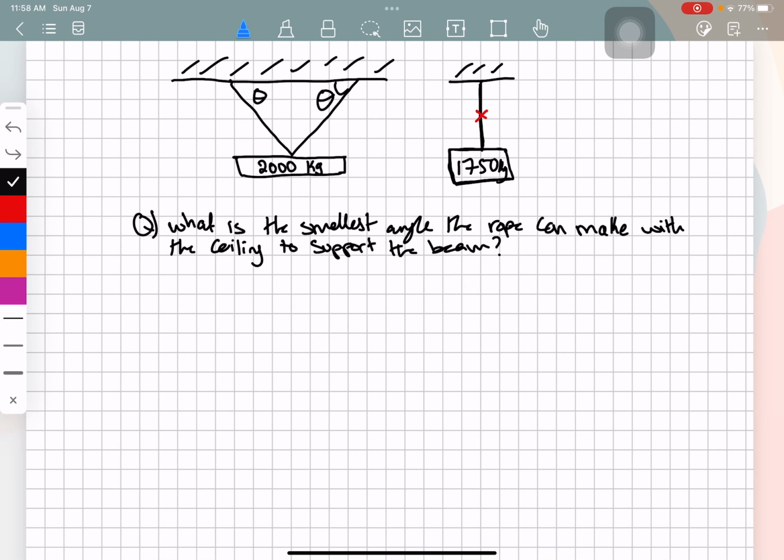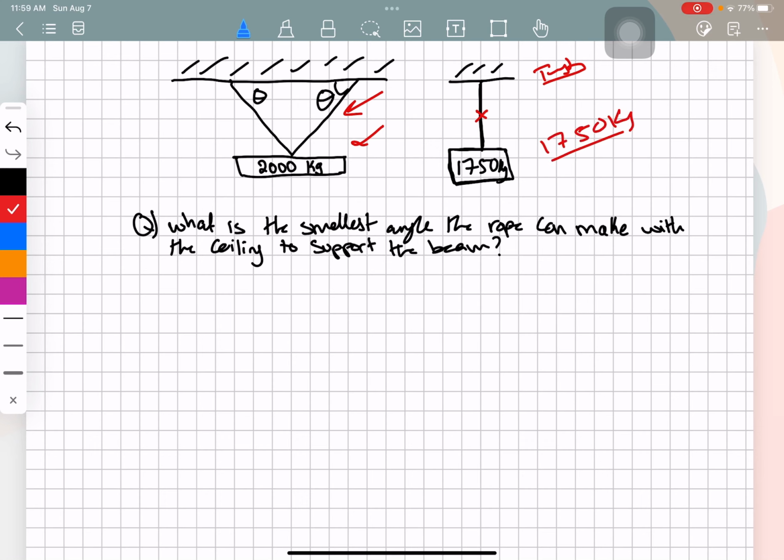So here we go. We have this setup right here and we're asked to find the smallest angle that the rope can make with the ceiling to support the beam. We want to support this 2000 kilogram beam, however in a test done before on these same exact ropes, these ropes can only support up to 1750 kg.